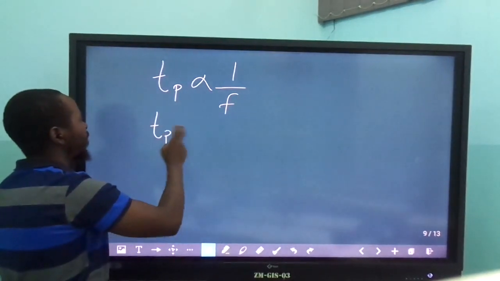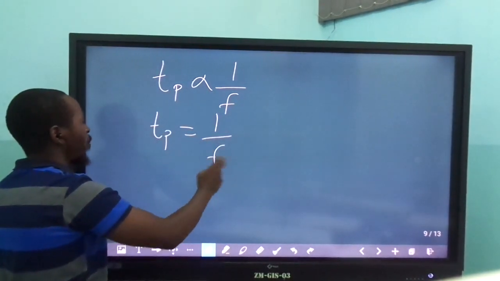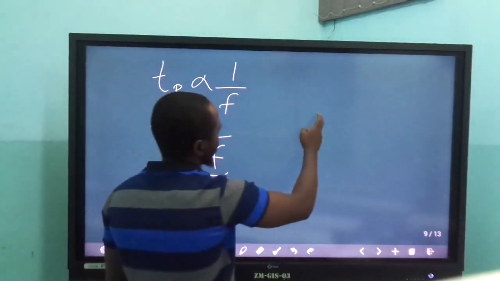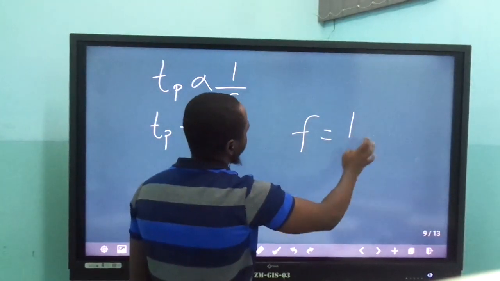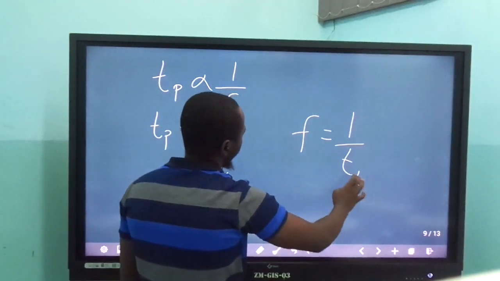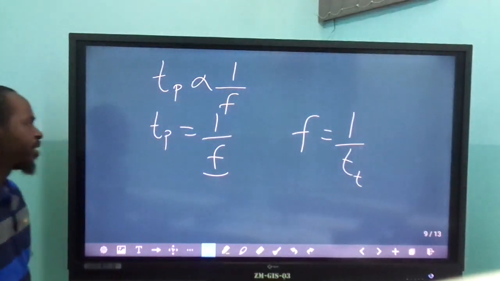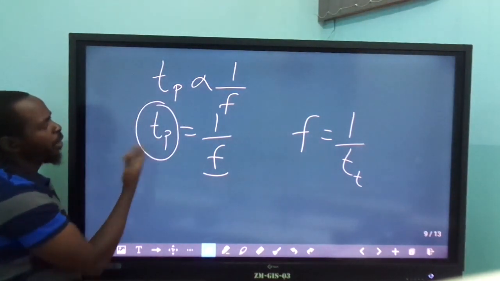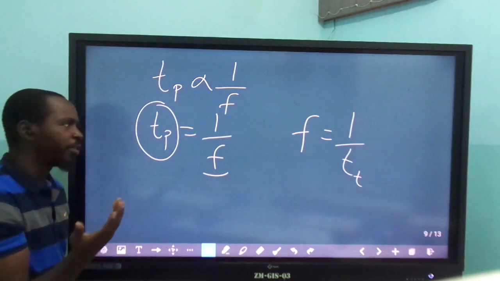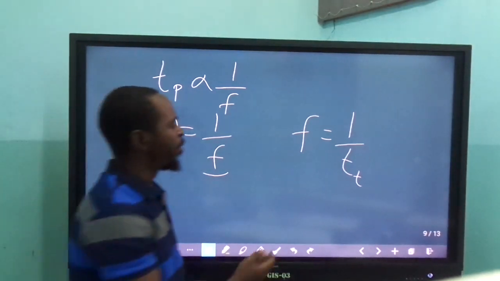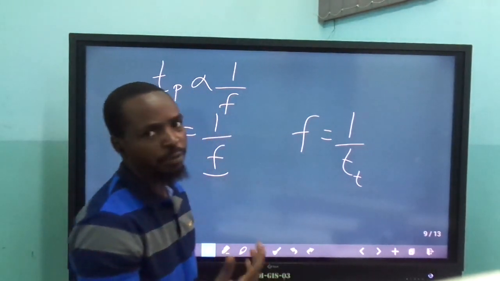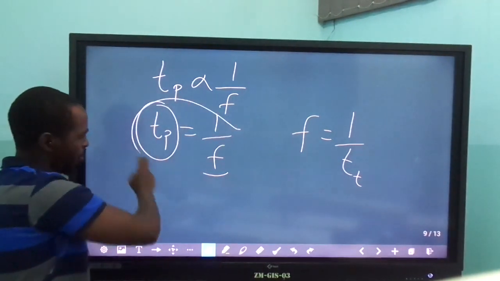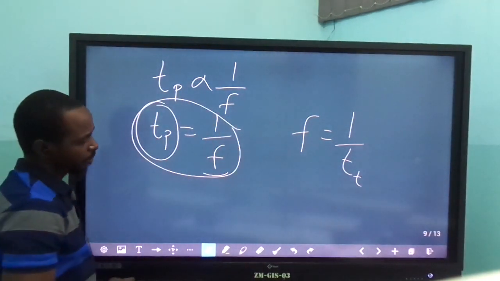So the period is equal to 1 over the frequency. When you make the frequency subject of the formula, it's also going to be that. So when you have the period, you can solve for the frequency, and when you have the frequency, you can solve for the period. They are just a reciprocal of each other.